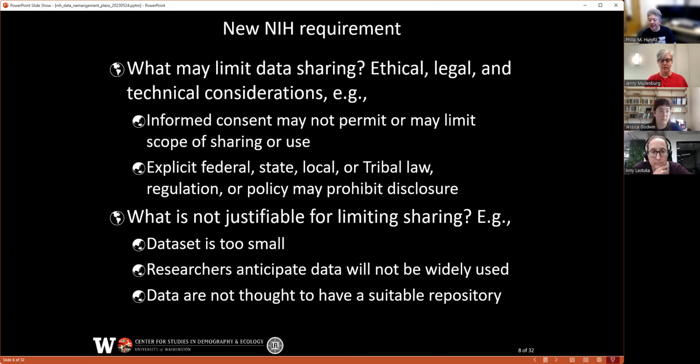Researchers that anticipate the data will not be widely used, or that's not sufficient, or data are not thought to have a suitable repository. If any of these stipulations apply to your idea about whether the data should be shared or not, the best thing to do is to contact the officer overseeing the FOA and ask them what specific kinds of things should or should not be shared.